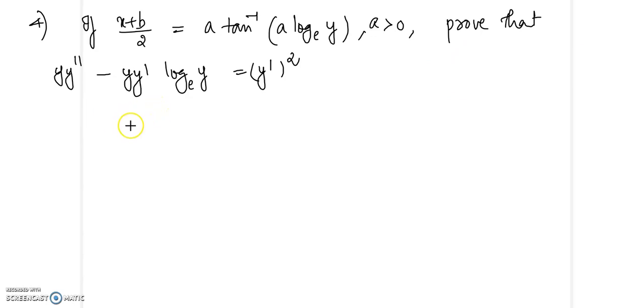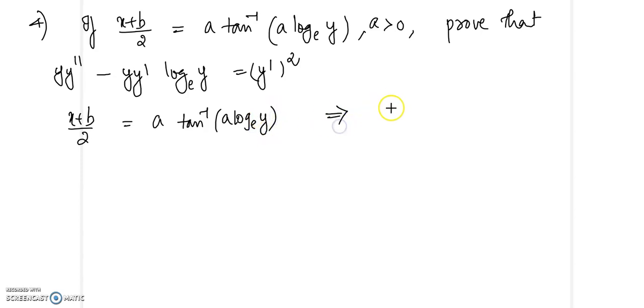So we have the equation x plus b by 2 is equal to a tan inverse of a log y. So from here you will get tan of x plus b by 2a will be equal to a log y to the base e.